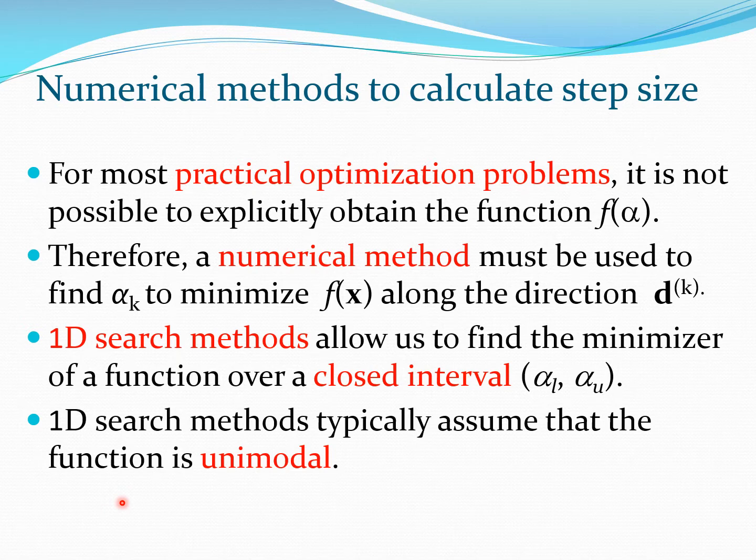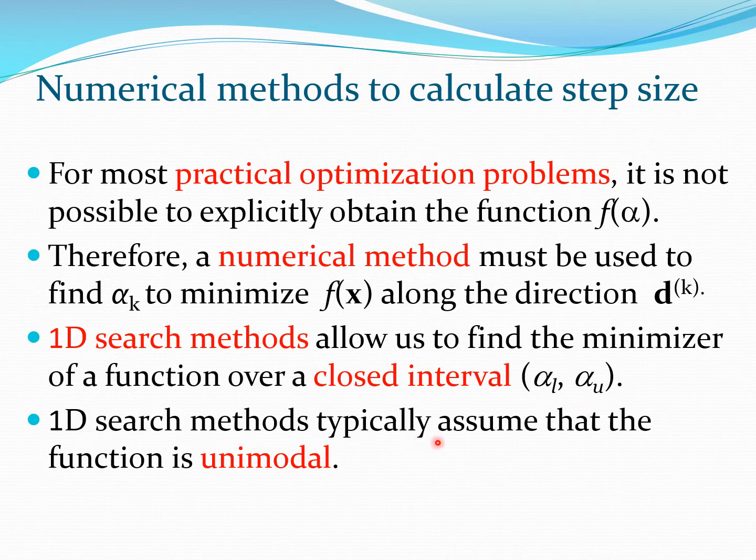Therefore, a numerical method must be used to find the value of alpha which minimizes the function f of x along the direction d of k. These one-dimensional search methods essentially find the minimizer of a function on the interval alpha subscript L, alpha subscript U. These two numbers form the lower bound and the upper bound on the problem.